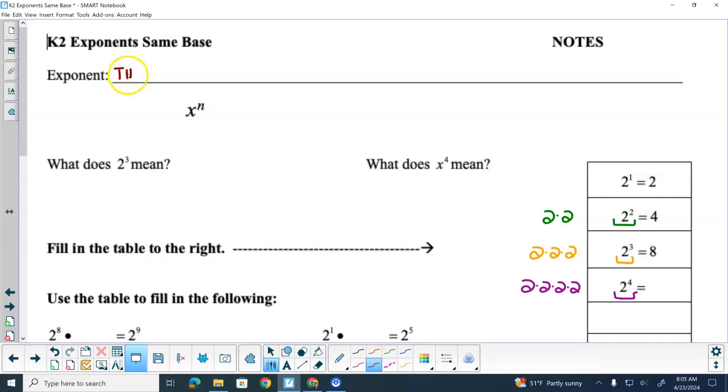The exponent tells us the number of times you multiply the base by itself.